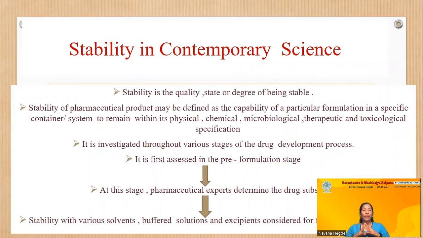The last syllabus point in the fourth unit is stability in the ancient and contemporary time.